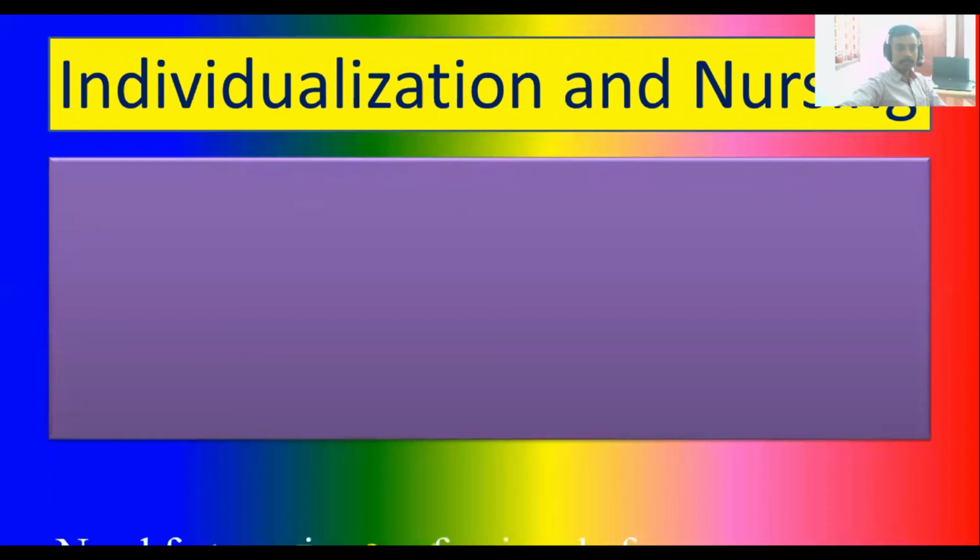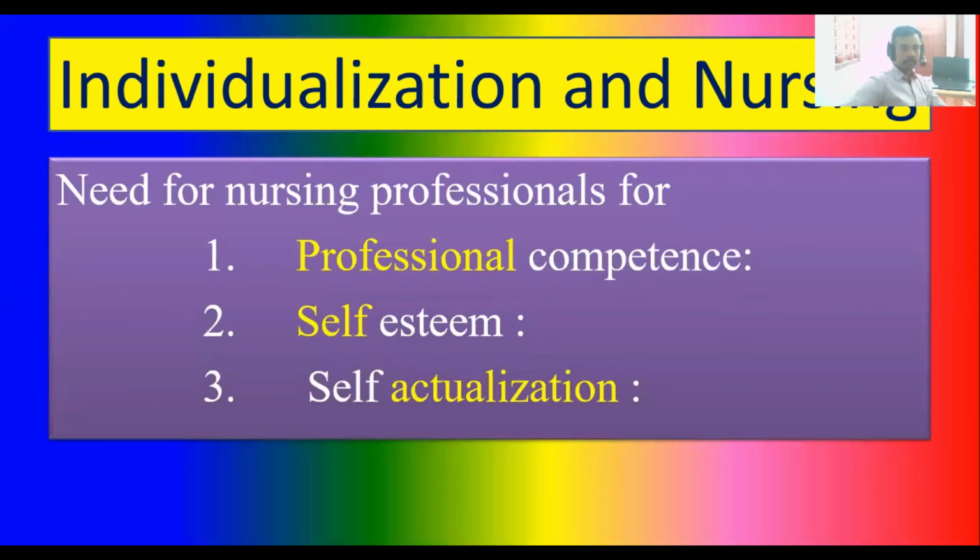Next, individualization and nursing. Already we have discussed, and I gave a wonderful illustration of how a nursing student becomes individualized and becomes a professional nurse. First point, professional competence.